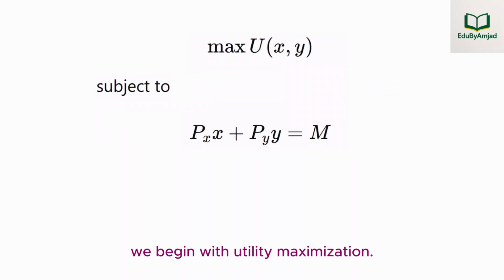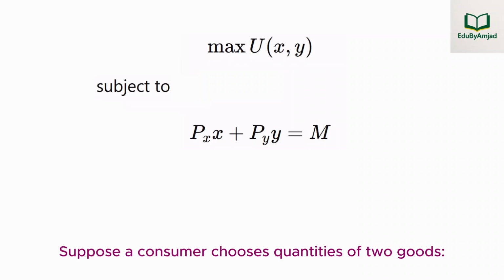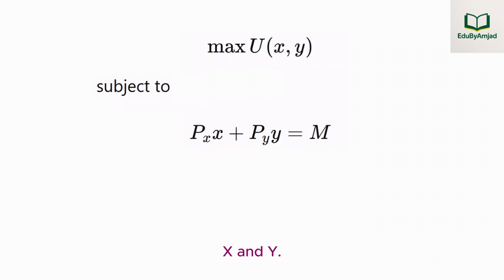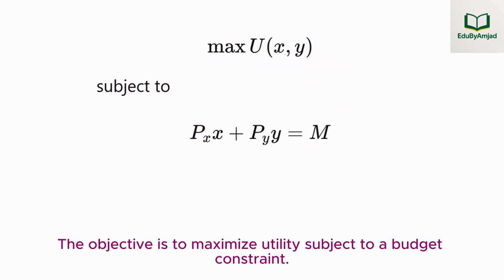We begin with utility maximization. Suppose a consumer chooses quantities of two goods, X and Y. The objective is to maximize utility subject to a budget constraint.